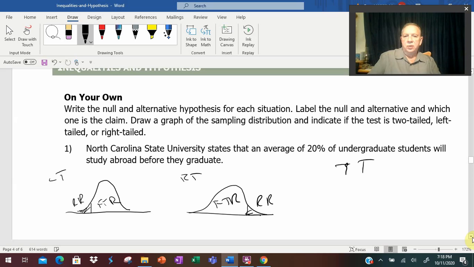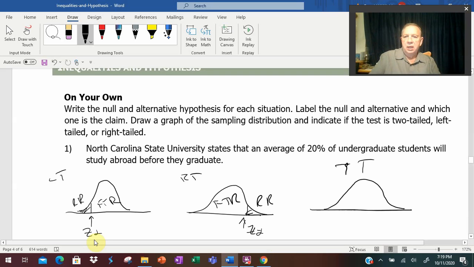And a two-tailed. So this is my Z alpha to the right, 1 minus alpha to the left. I should say maybe 1 minus alpha because it's in there. Z alpha. And if I have a two-tailed, if I draw that picture, I'm going to have two rejection regions, because it can be less than or greater than. You remember that alternate?